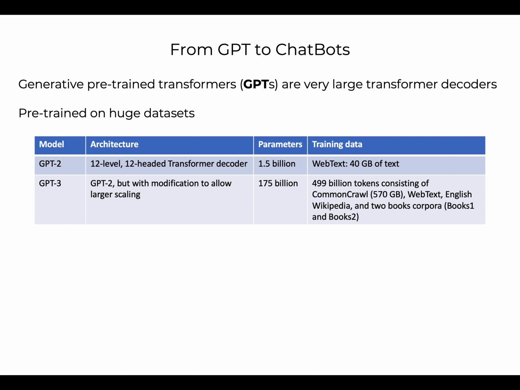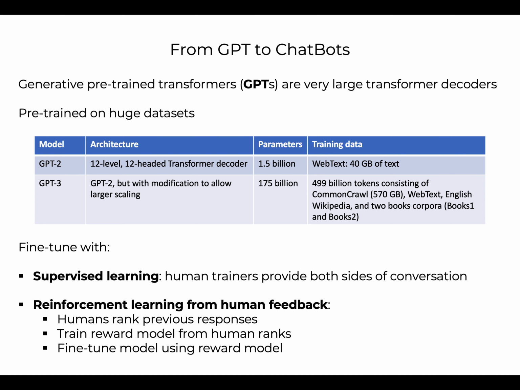So, okay, we've got this huge pre-trained transformer decoder, and we know that it can be used for autoregressive language generation. If we want to turn this into something like ChatGPT, a chatbot, then we have to fine-tune it so that it will generate text in the style of a two-way conversation. This is achieved by fine-tuning these GPT models.